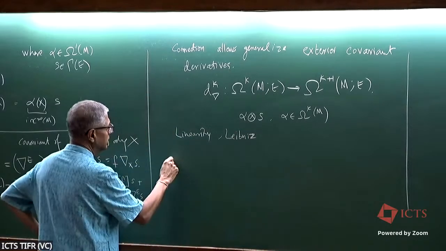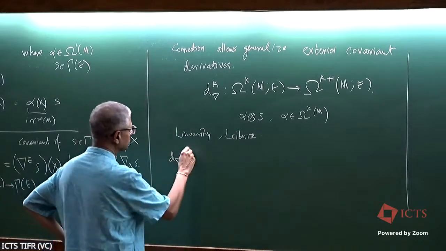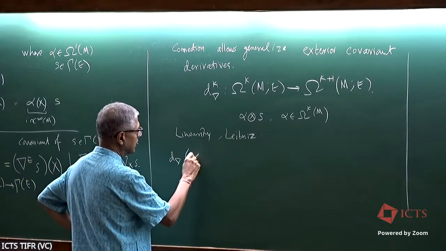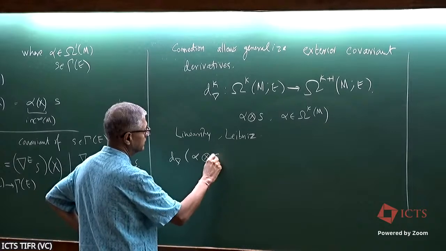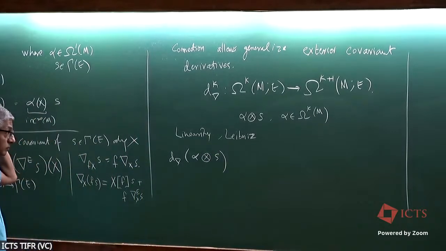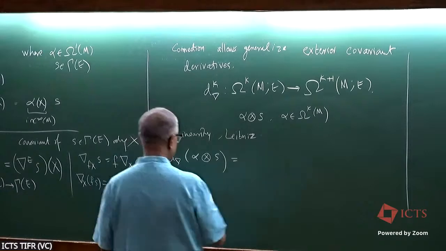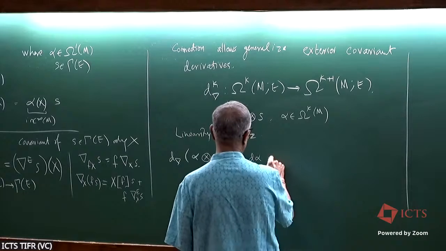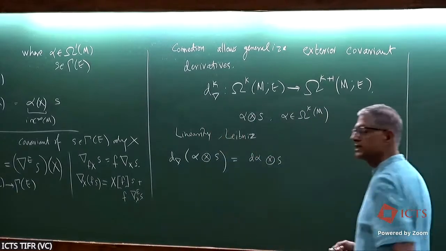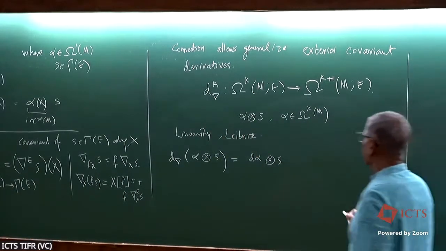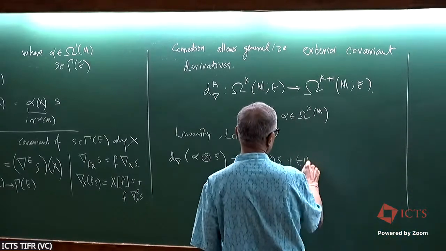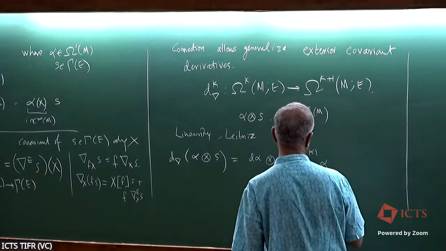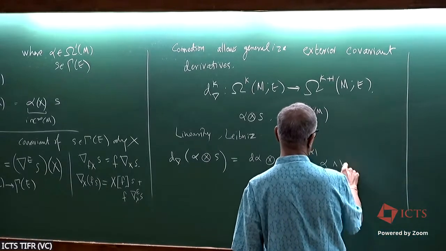And the Leibniz here is that if I do D nabla of some alpha tensor S, then, so this really helps in calculations, this is D of alpha tensor S. This is the ordinary D because alpha is an ordinary form. Plus -1 to the degree of alpha. If it's a K form, this will be K. Alpha wedge nabla E.